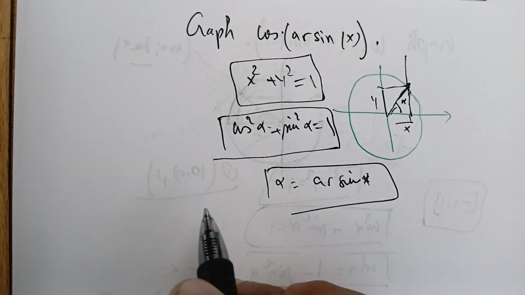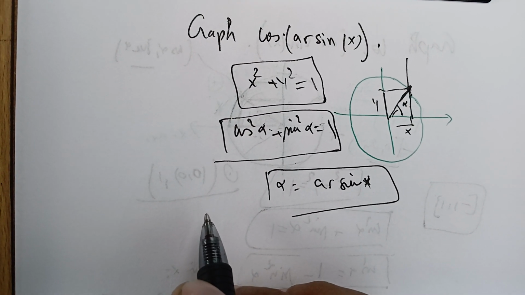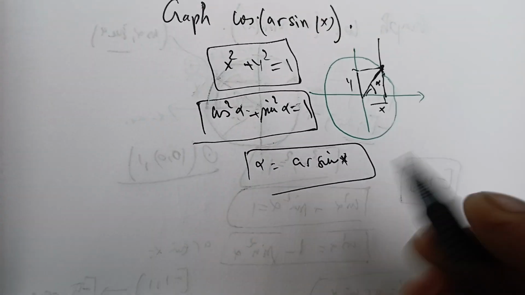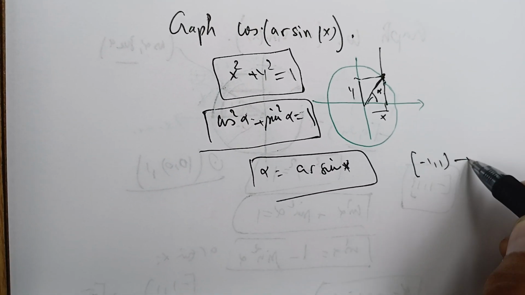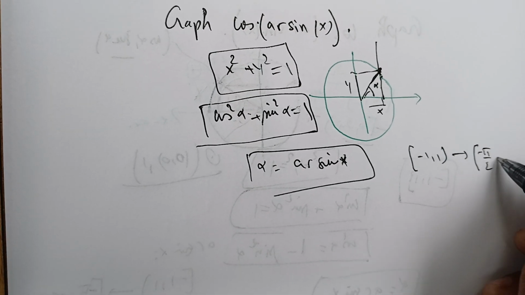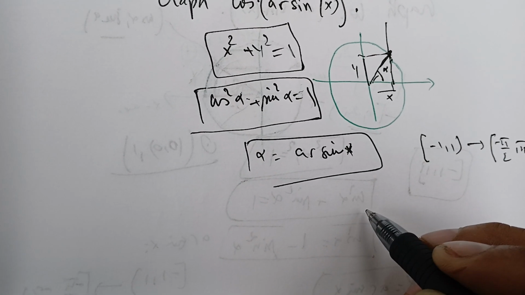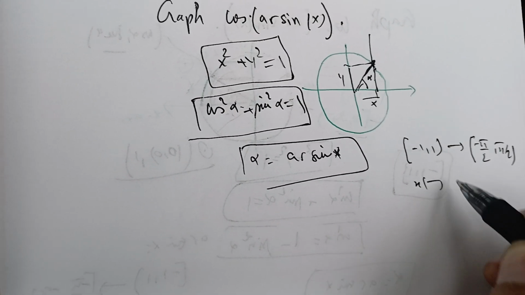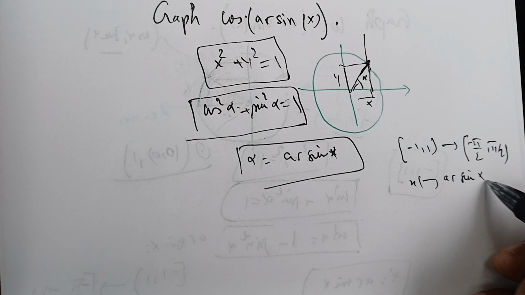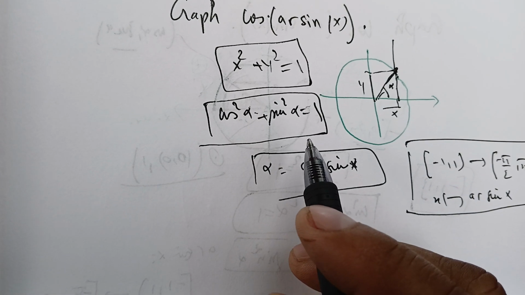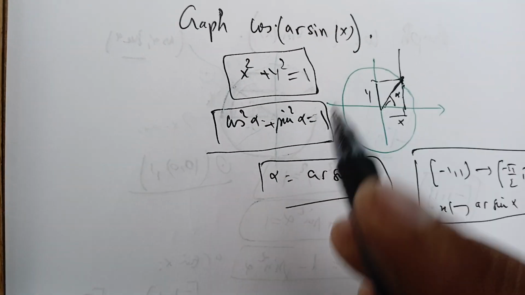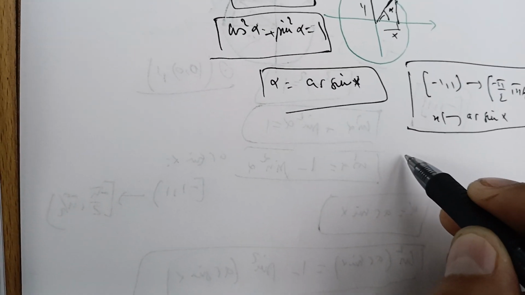So what's the arcsine? The arcsine is defined as a function from -1 to 1 into minus pi over 2 to pi over 2. For every x it associates arcsine of x. So we need to see it in the circle. Let me draw one more circle.